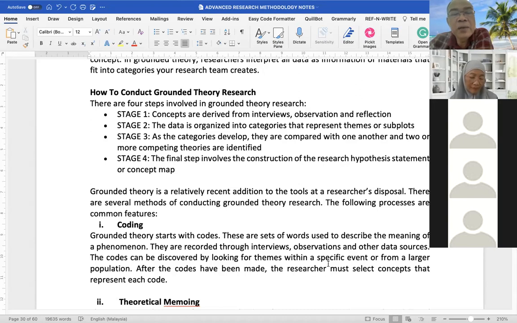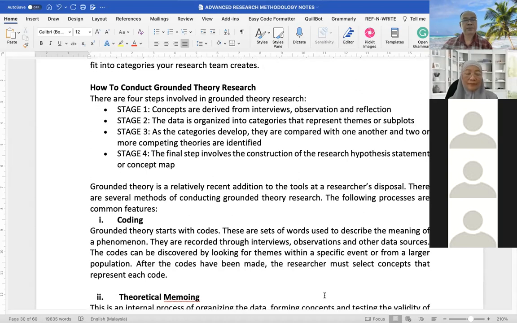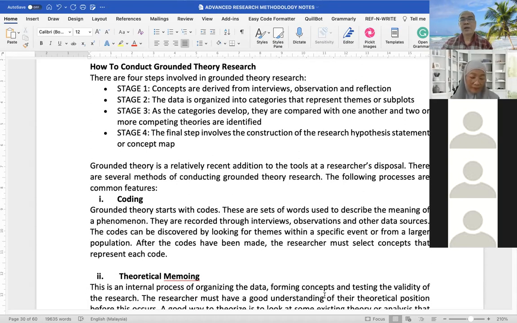Stage 4, the final step, involves the construction of the research hypothesis statement or concept mapping. So finally, the researchers will construct the hypothesis and develop the hypothesis based on the data. All right.